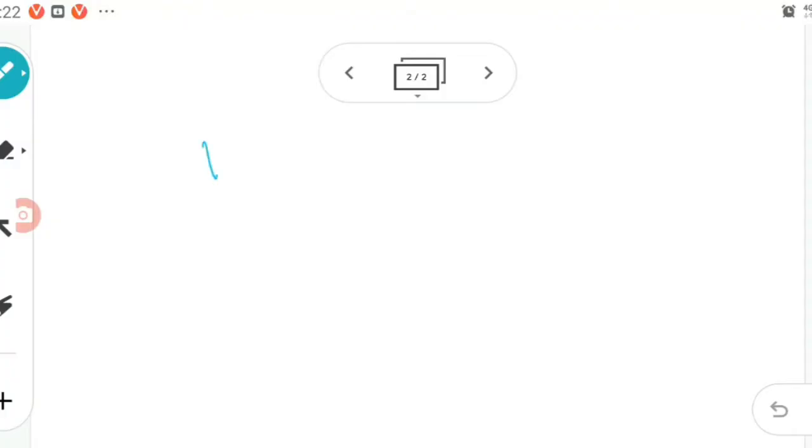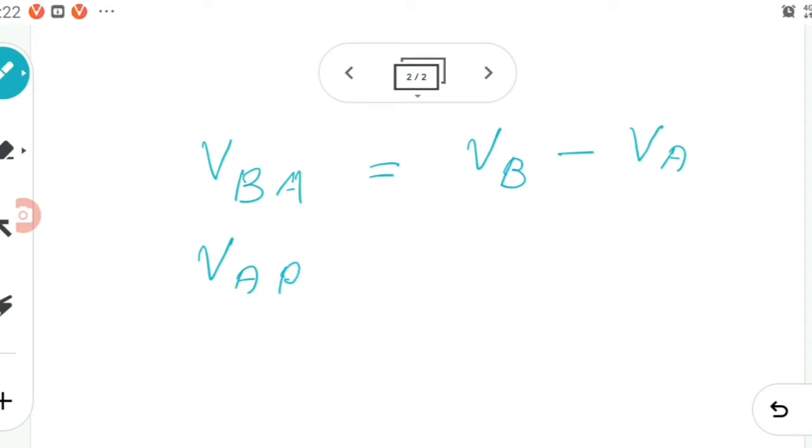So relative velocity of B with respect to A, that is VBA, is the same as VB minus VA. Similarly, relative velocity of A with respect to B, that is VAB, will be VA minus VB. So both are different, only a difference in sign.